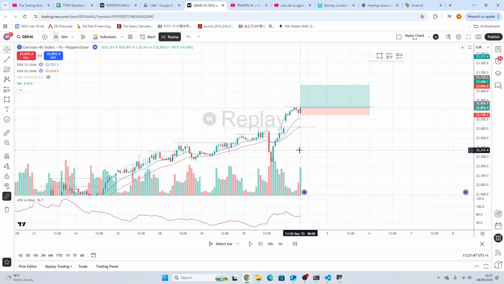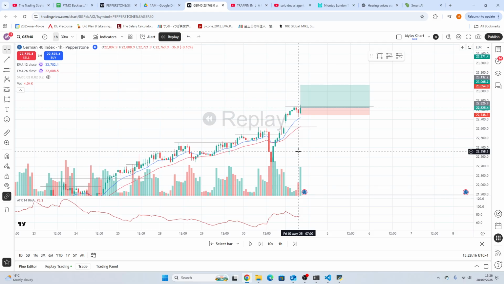The ATR is under 100. You got a big bullish volume candle here. You had a breaker structure prior to this signal, and it's opened and closed above the 12 and 26 EMA, and the 12 and 26 EMA are both pointing upwards.